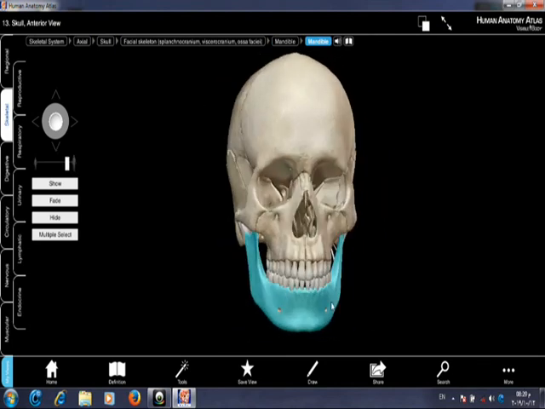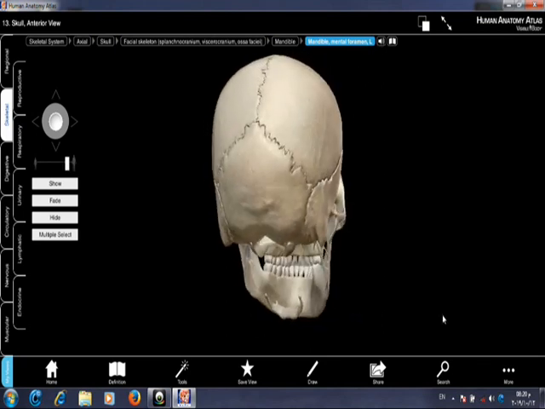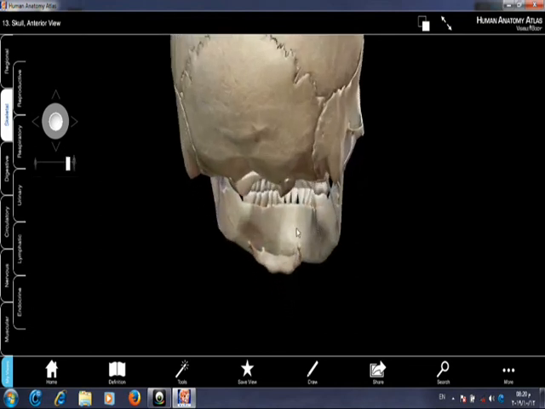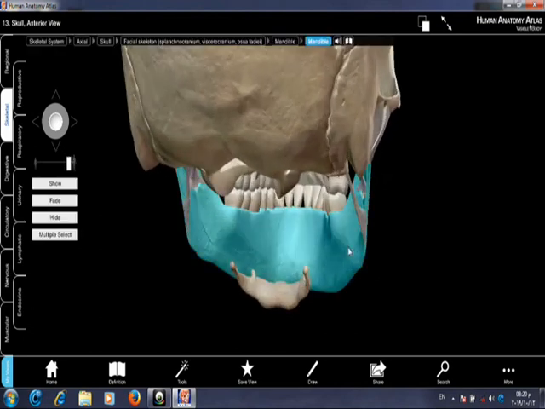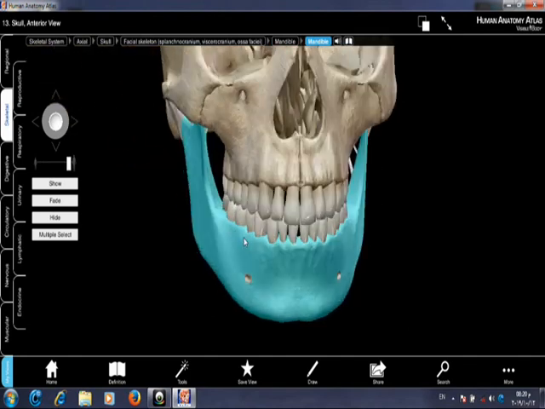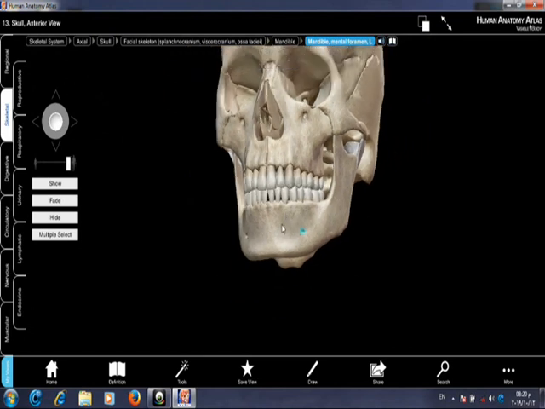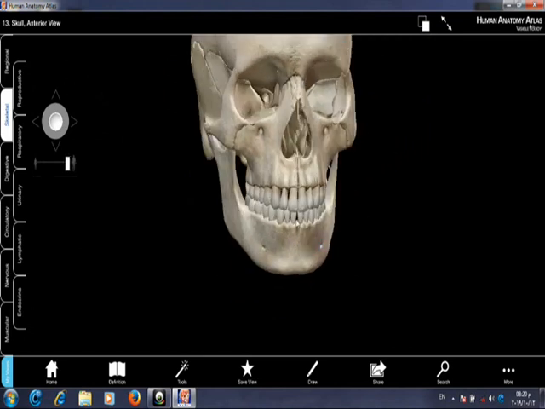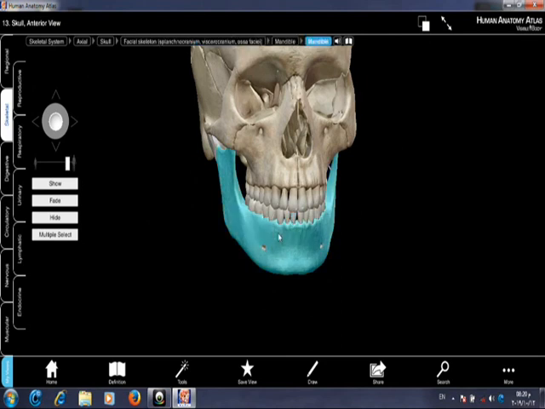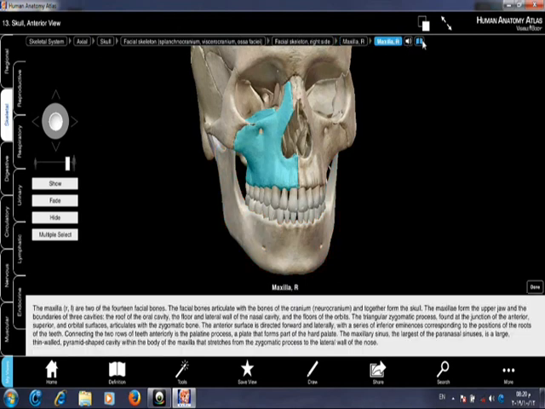All this is the mandible. Mental foramen. So this is the mandible, and this is called the maxilla.